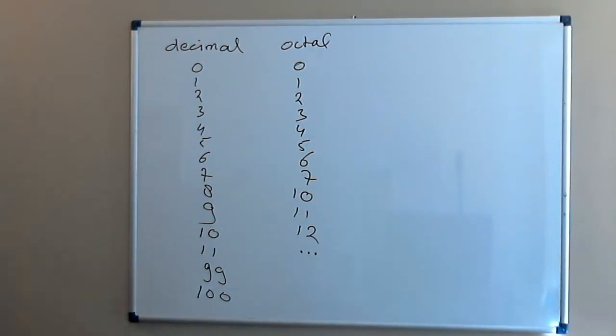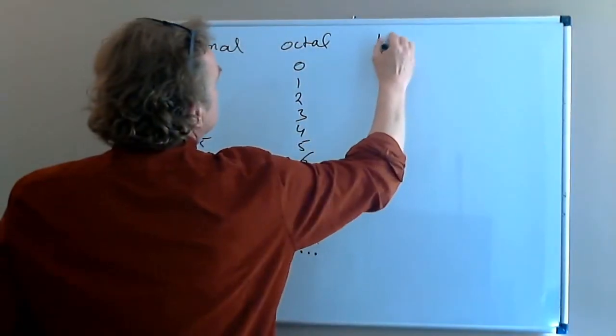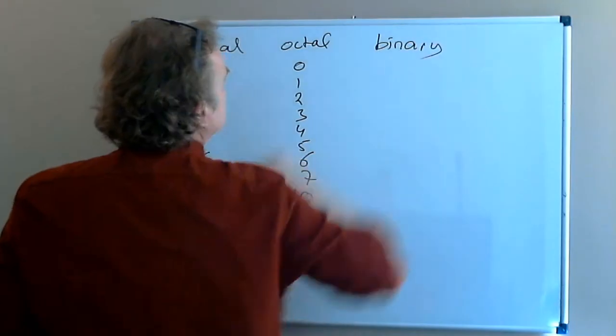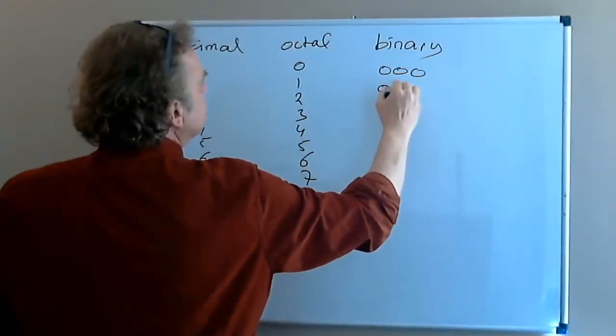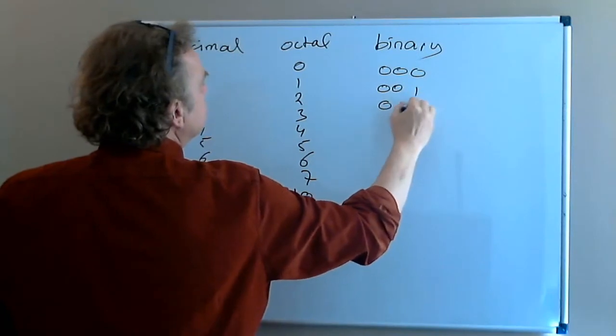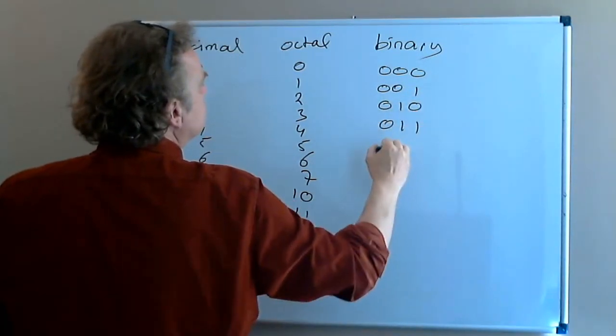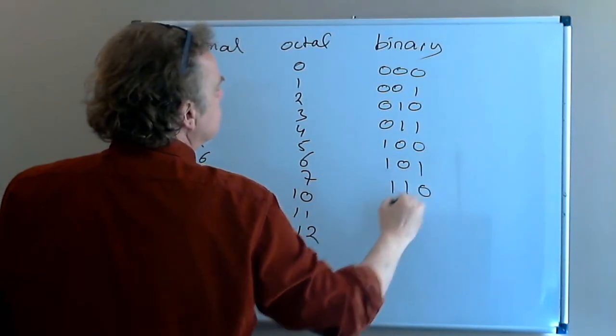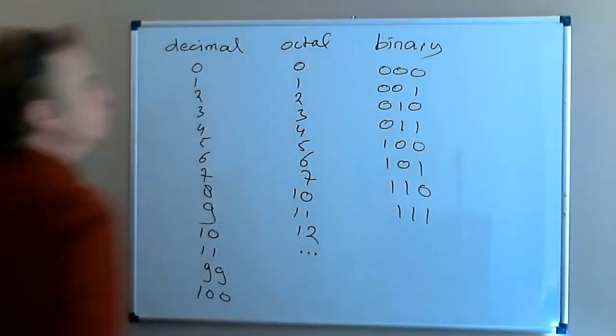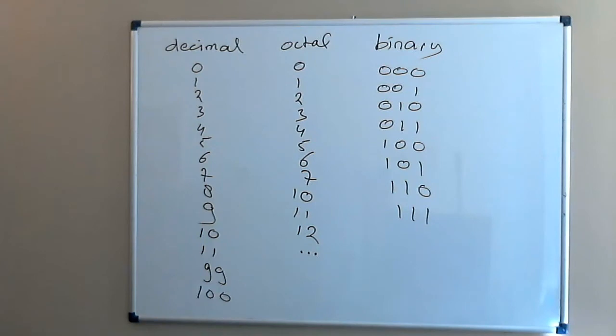Now, since we work with computers that use the binary system, we need 3 bits to go from 0 to 7. And this goes like this. So first we have 3 zeros, which is 0. Then we have 001, which makes it 1. 010 is 2, 011 is 3, 100 is 4, etc., until we have all bits up, which makes it 7.